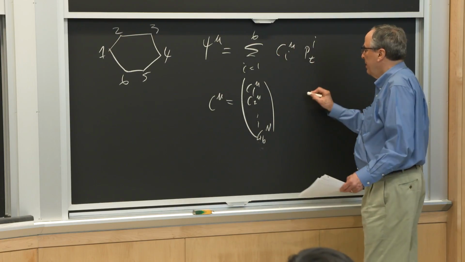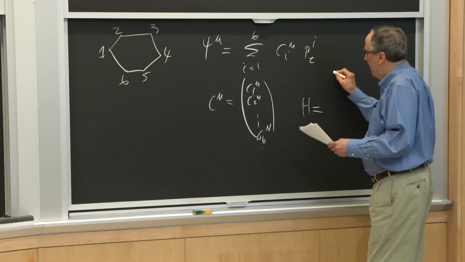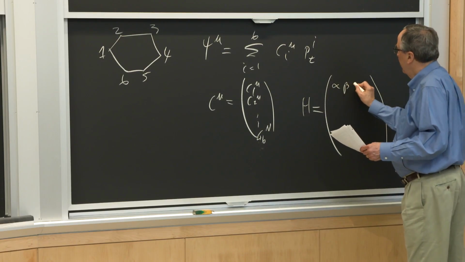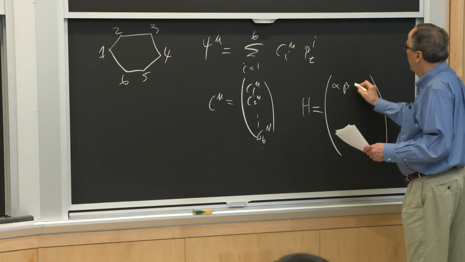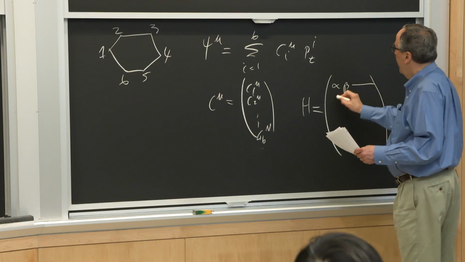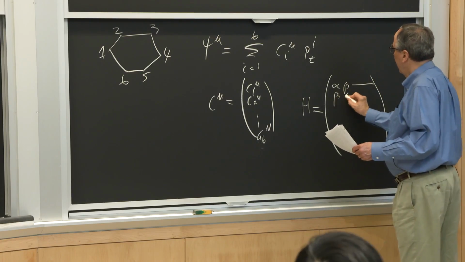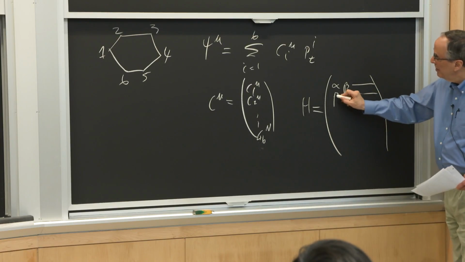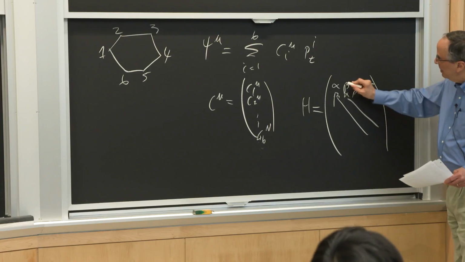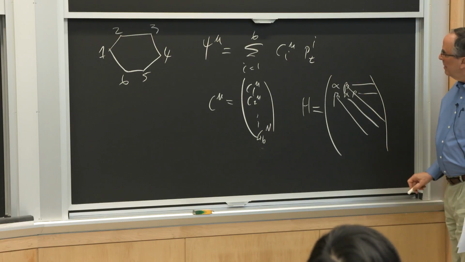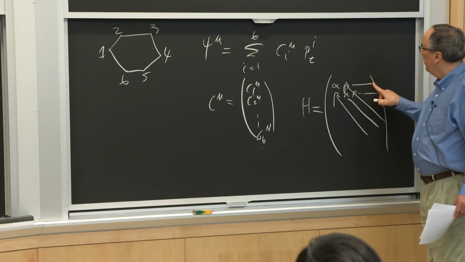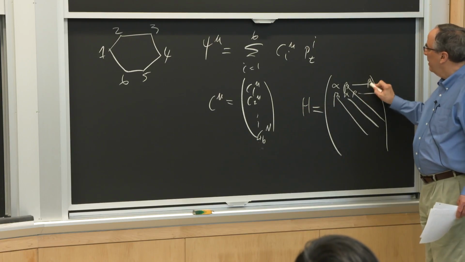And then the Hamiltonian: we have alpha, beta, and then zeros, and beta, alpha, beta, and then zeros, etc. And so we have this tridiagonal structure. And because it's a ring, we have a beta here and here.